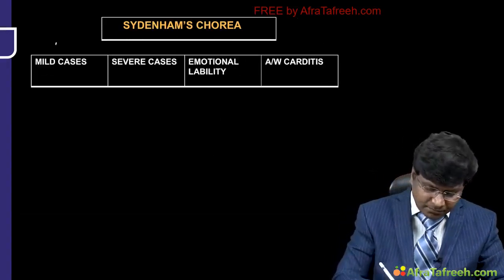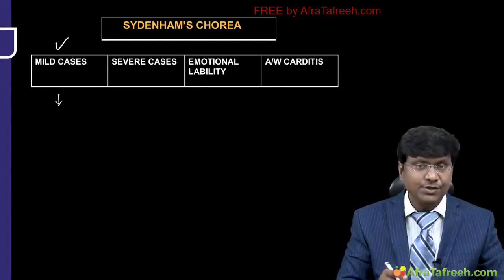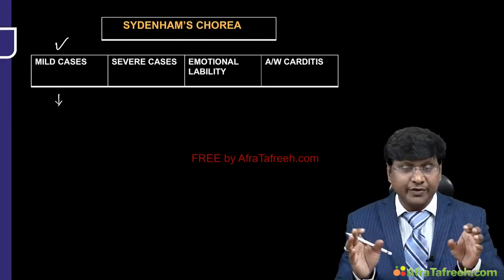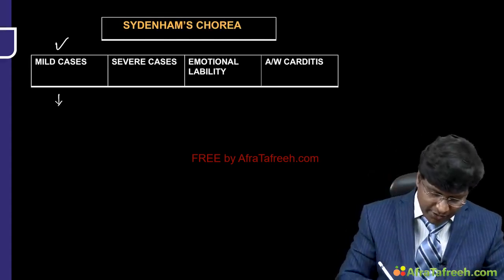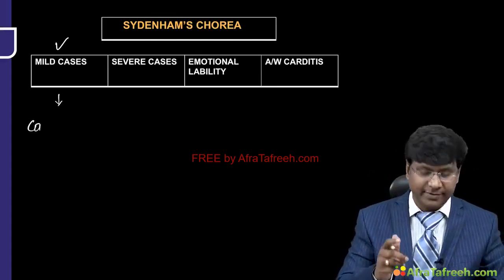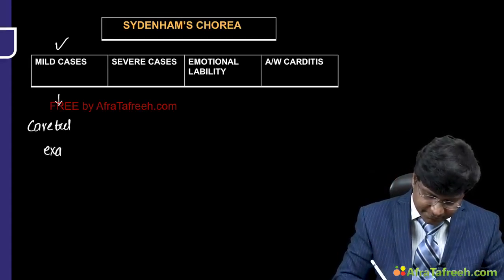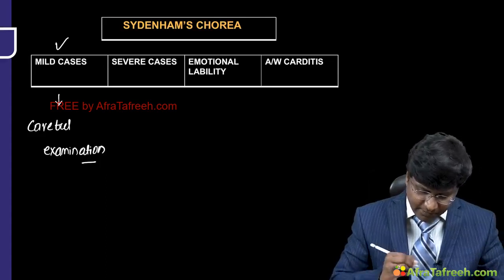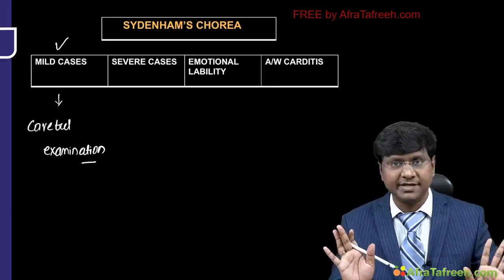And take mild cases of Sydenham's chorea. In mild cases, you don't observe vigorous choreiform movements of the upper limbs or the hands. So in order to examine those choreiform movements, you need to do a careful examination of the extremities.